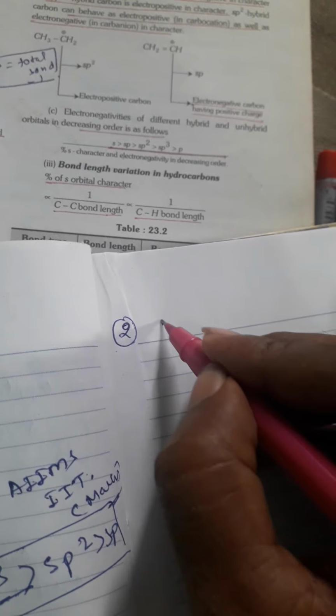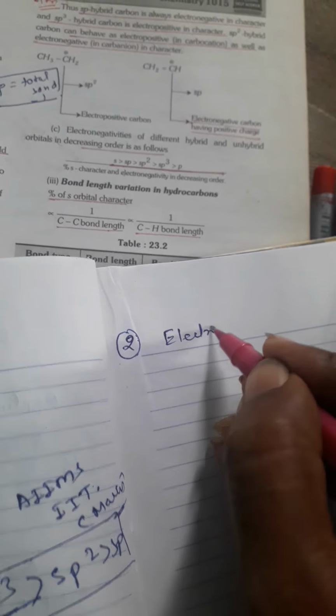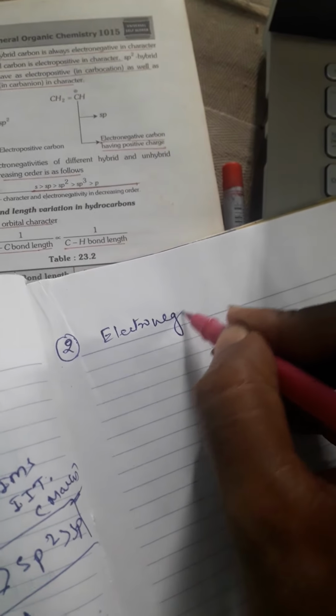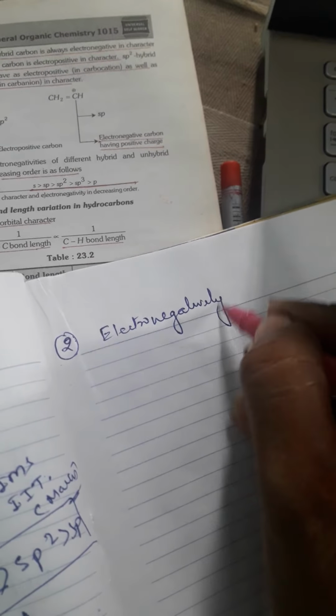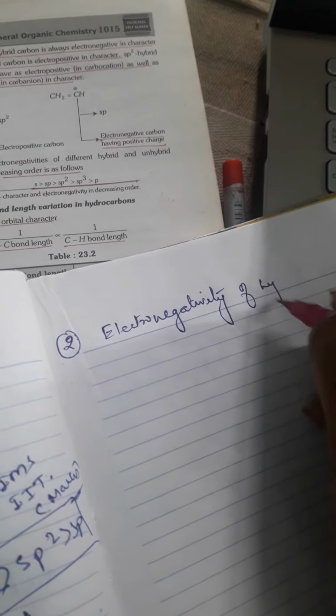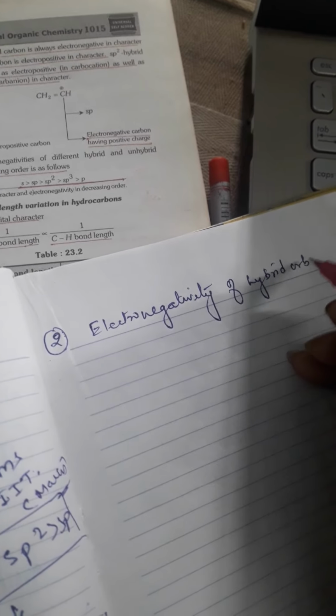If you see here, the second application is that it can also determine the electronegativity of different orbitals, that is, hybrid orbitals.